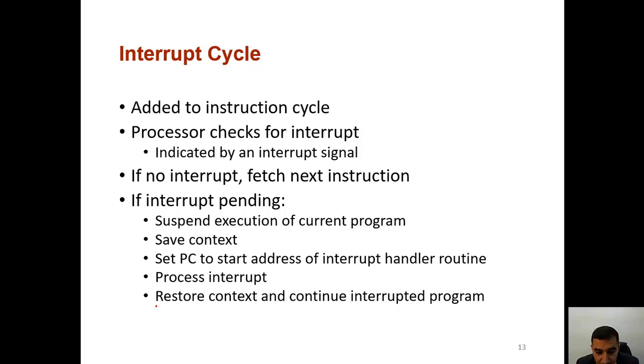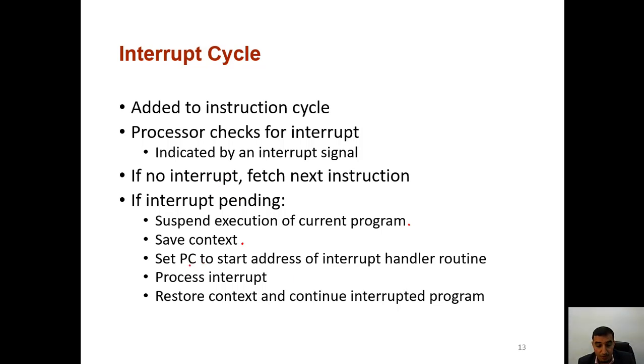If an interrupt is pending, we suspend the execution of the current program. Suspend means stop it. Save the contents of all registers. Usually we do that by pushing the register values into the stack. We take all the registers and push them in the stack. We service the interrupt, and then we take back all the data from the stack.